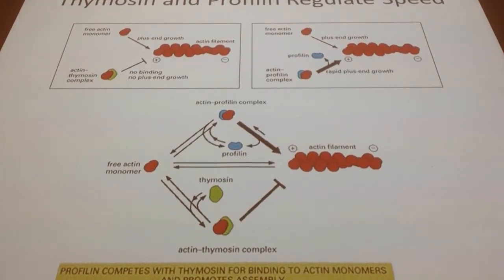If you increase the amount of profilin relative to thymosin, again, everything is relative, then that signals the cell to increase the rate of assembly. Does that make sense? So nucleation is one level of regulation. The use of thymosin and profilin is the next level. And the third level is the relative amount of thymosin versus profilin. There's more regulation, but I ran out of time.